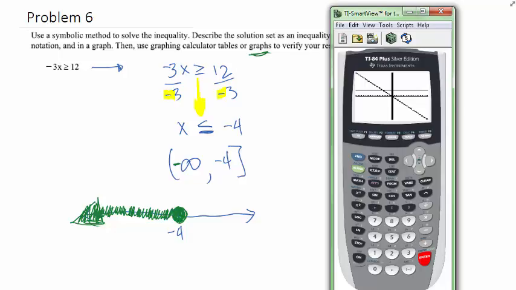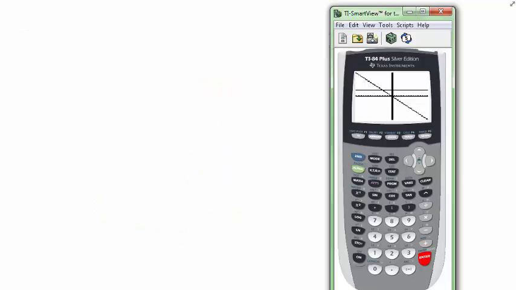Now I want to find this intersection. First of all, I'll notice that the negative 3x graph is this diagonal and the constant graph is a horizontal line. So where they intersect is important, and furthermore we're looking for where the graph of the -3x function is greater than, so it's higher or on top of or above the constant function 12.